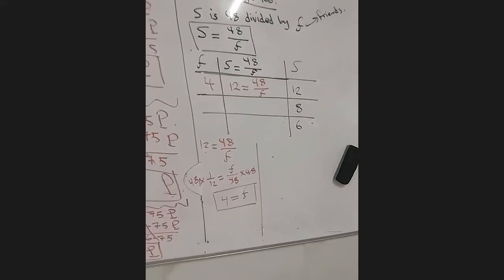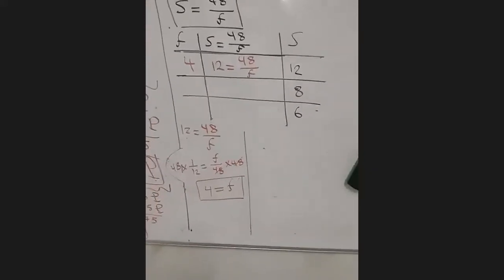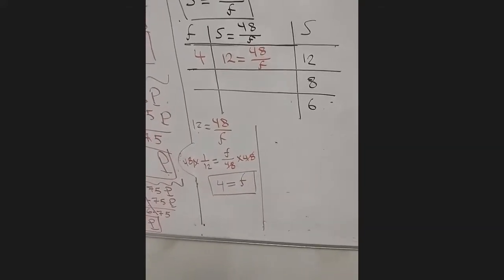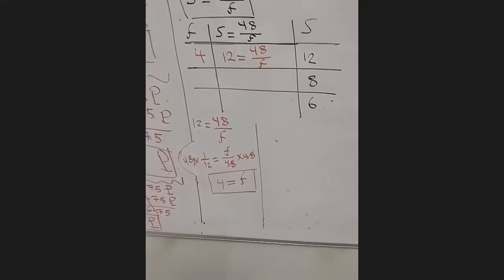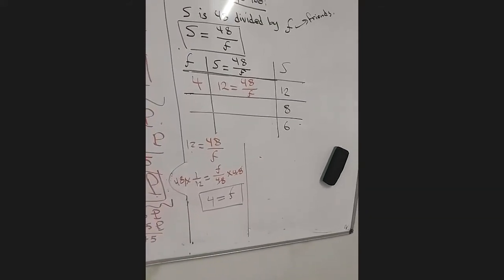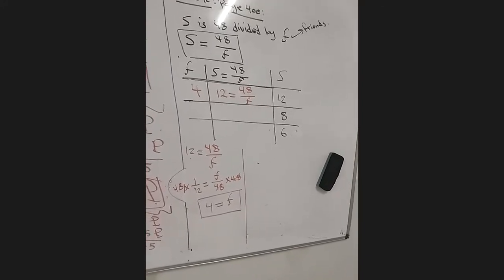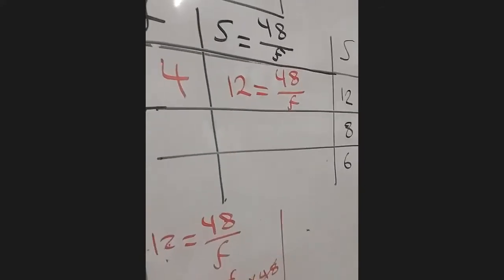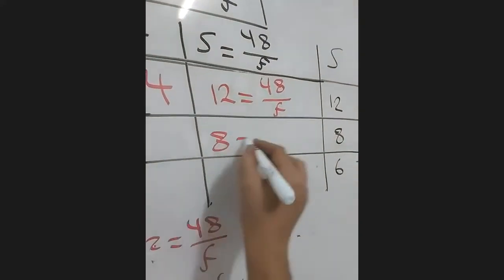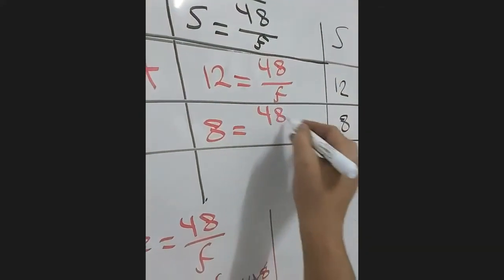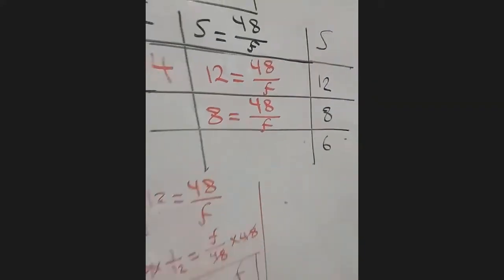Yes. Let's do the second part with 8. Sulaiman. Yes. What will I write here? We will write 8 equal 48 over f. This is the equation.